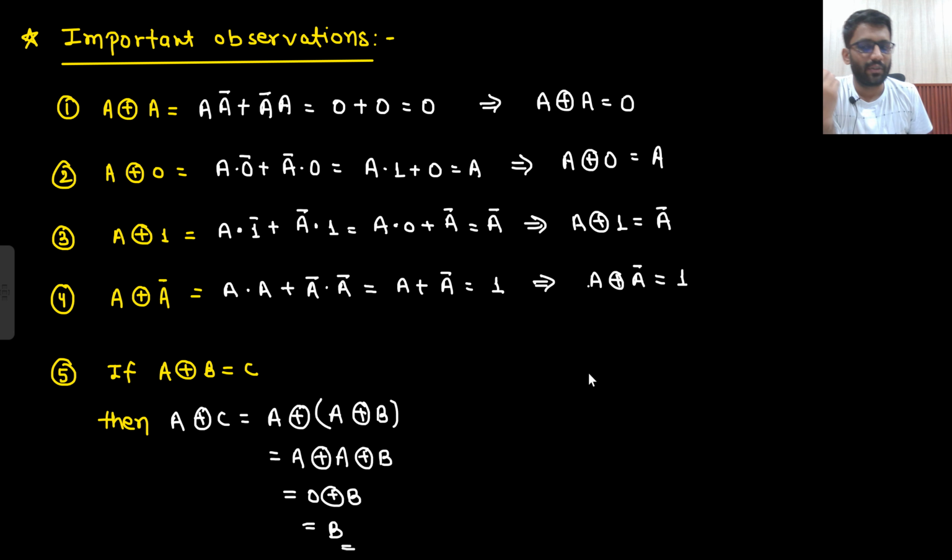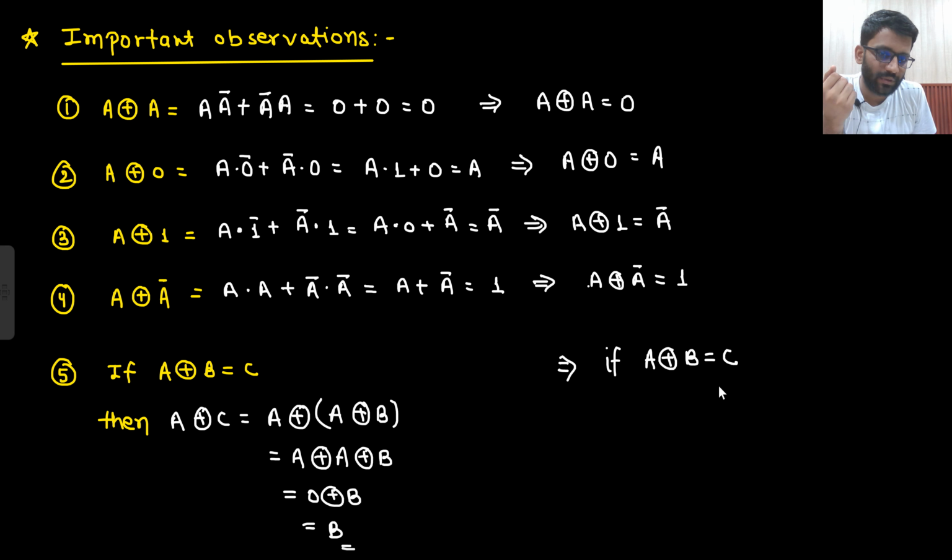0 XOR B will be B. So what did you understand from here? If A XOR B is equals to C, then A XOR C is equals to B. This is the first one. Or instead of A, I can replace C as well.